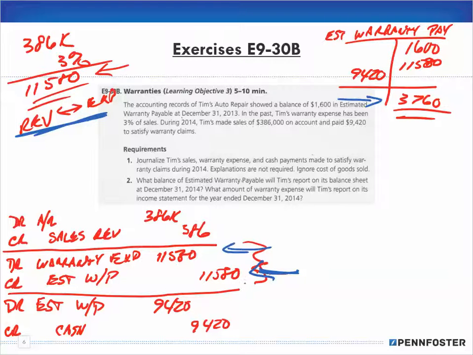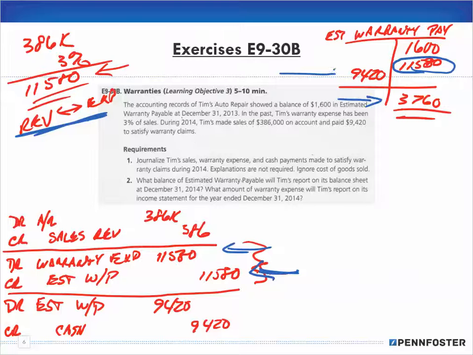But I haven't paid it out yet, so that's a liability, and so that's why we put it to the warranty payable account, because it's something that we're going to owe as the claims come in over the course of time.